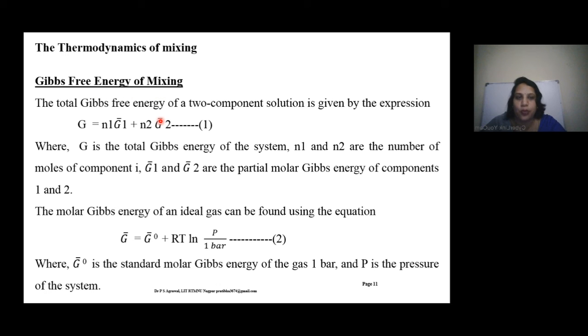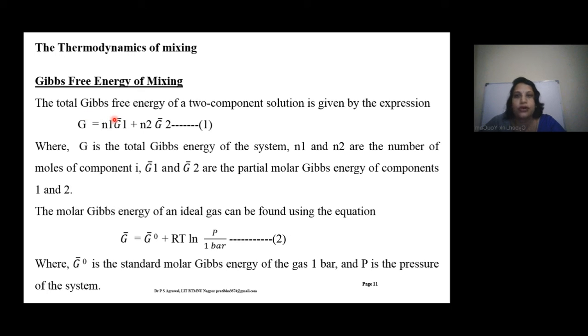Unlike an extensive property which relies on the amount of the substance, the property of a solution depends on its temperature, pressure and composition. This means that a mixture must be described in terms of partial molar quantities.